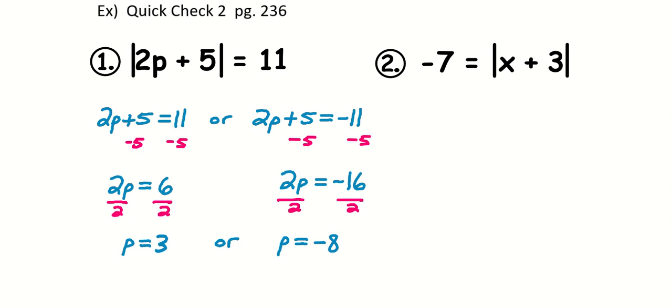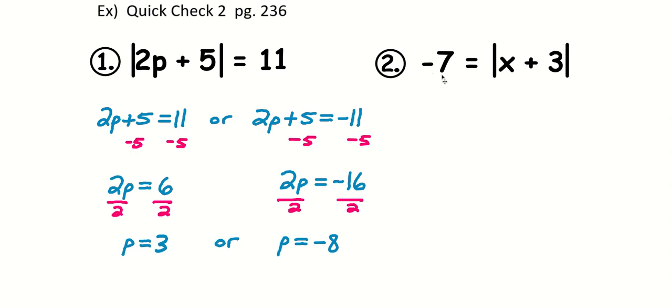So number 2, all right, listen. At this point in your education on this, you're looking at that, and what should you be thinking? You should be thinking, well, the absolute value is isolated, so we could break this up into the two cases where we have it equal to 7, and then for the other case, we change the 7 to a -7, but wait a minute, this is already a -7.